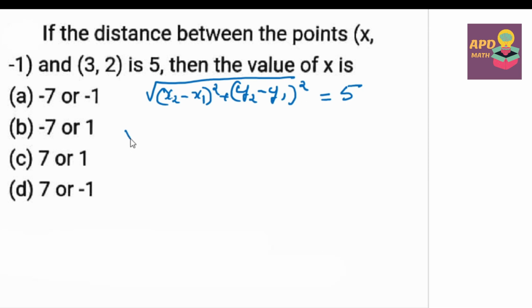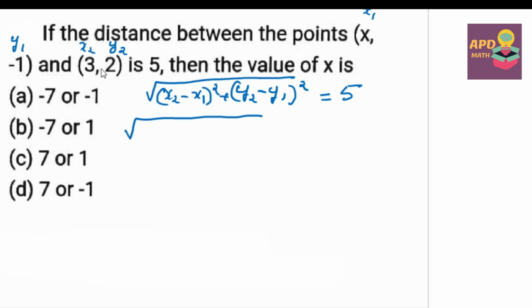Here x1, y1 is x, minus 1, and x2, y2 is 3, 2. This is x1 and this is y1, this is x2 and this is y2. Now we have to substitute these values.